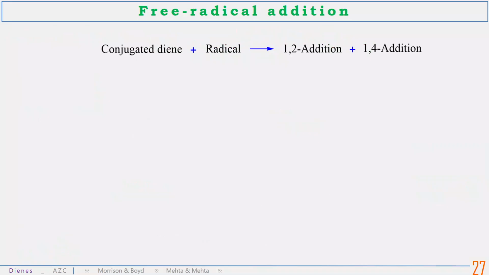Free radical addition of dienes. Conjugated dienes also undergo free radical addition reactions when the reactions are carried out in the presence of organic peroxides, light, air, or sodium, to form 1,2 and 1,4 addition products. 1,4 addition occurs predominantly.